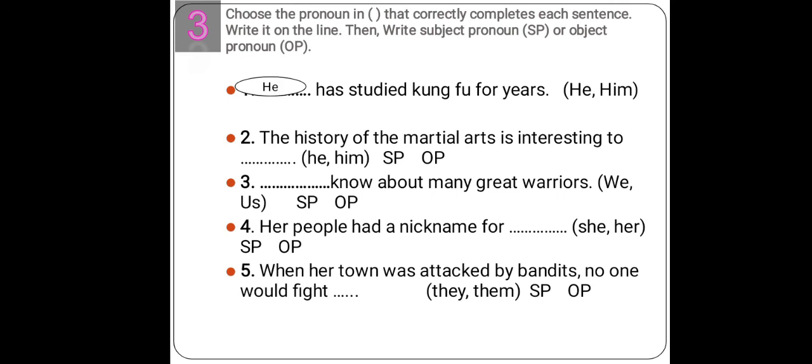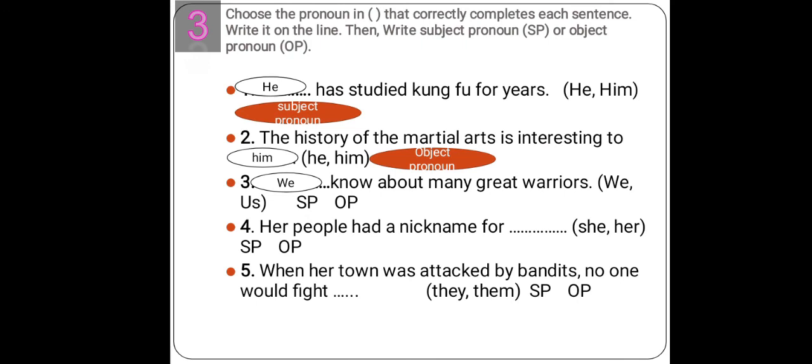Now we should see if this pronoun is object pronoun or subject pronoun. You write it down. It's subject pronoun, as we said. The second sentence, the history of the martial arts is interesting to whom? Right, it's to him. So it is an object pronoun. So you pause the video and you do the next sentences.